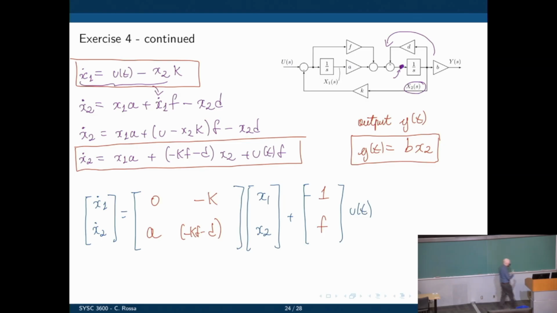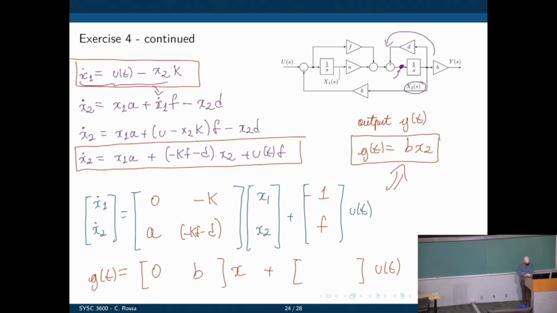And for our output equation, y of t equals something times the states plus something else times the input. For the states, y of t equals x2 only, so you have 0 and b, coming from here. And for u of t it is simply 0.